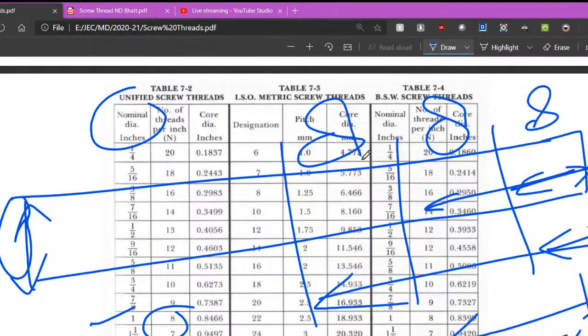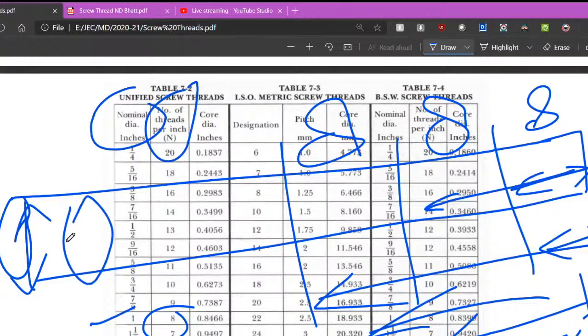The number of threads per inch you measure along the axial direction, not along this direction. Again, take 1.5 inch, you have threads per inch 6, and again the core diameter you will get from this value.